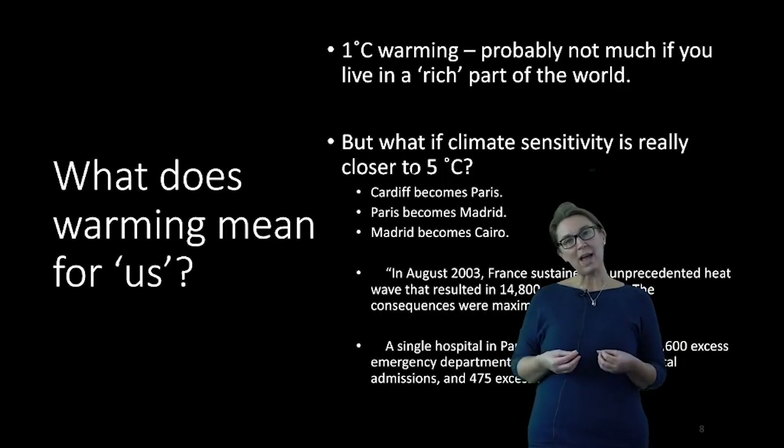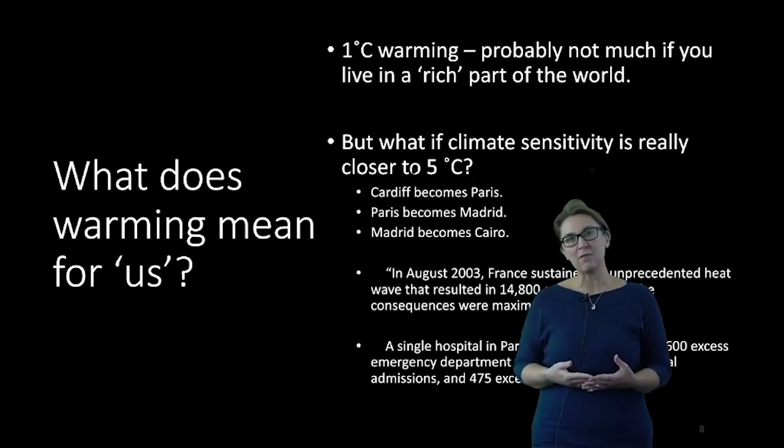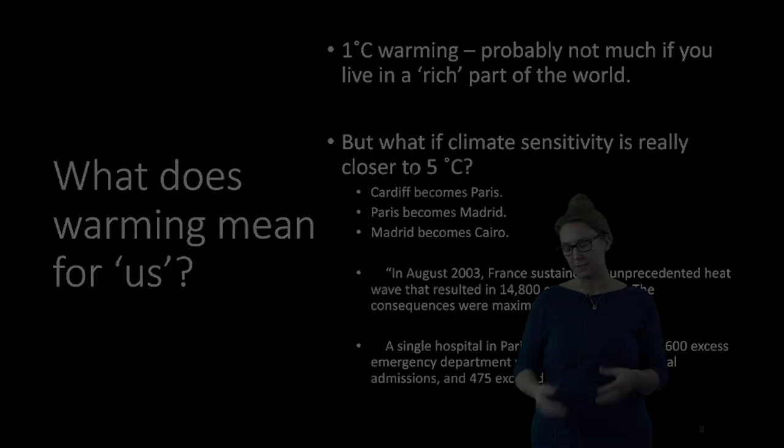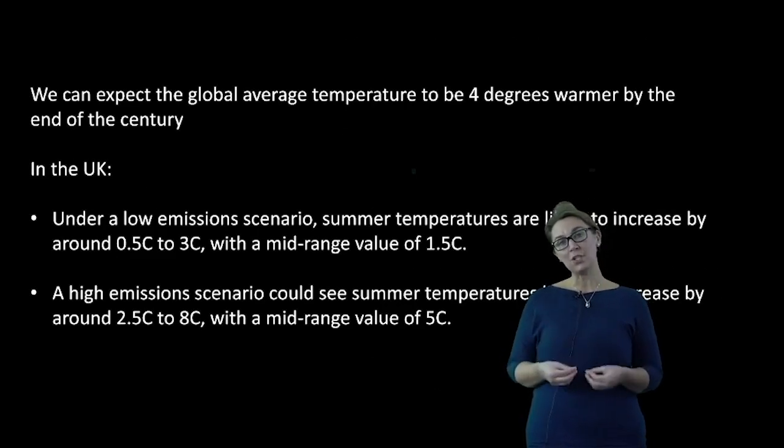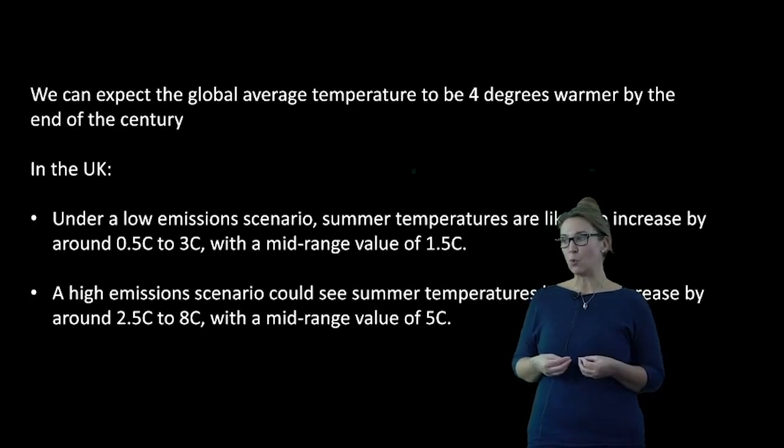So when we think about that time in the future when our climate may have changed significantly in the places where we live, that could be very, very serious to the impact that extreme climate events have on all of us. From climate models, we can expect that the global average temperature could be 3 or 4 degrees warmer by the end of the century. Let's look at what that means for the UK.